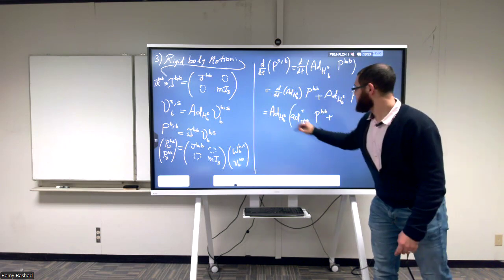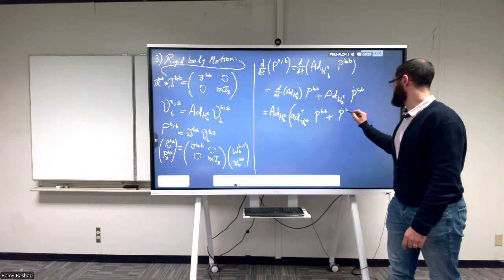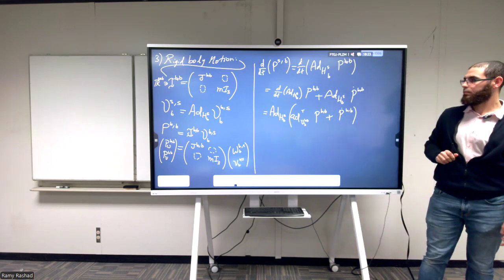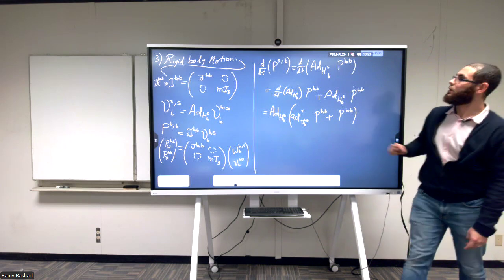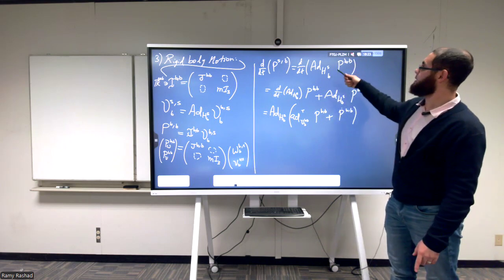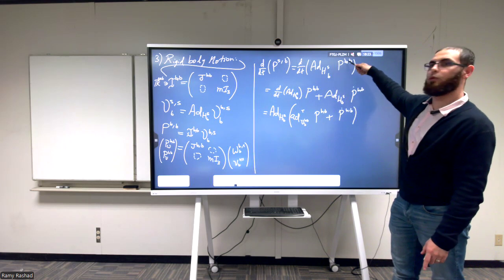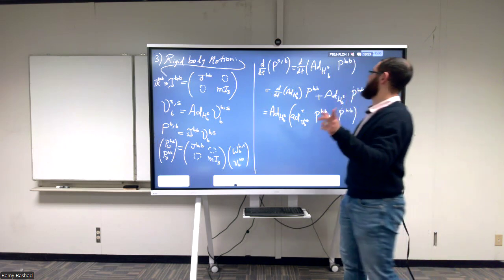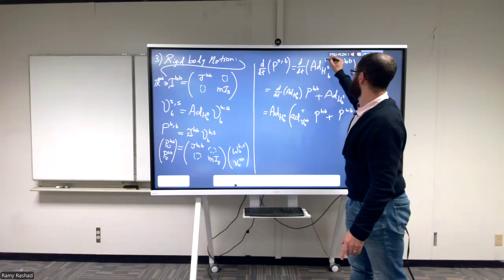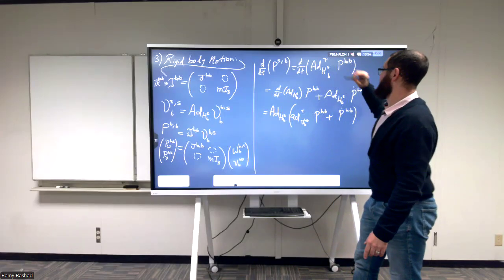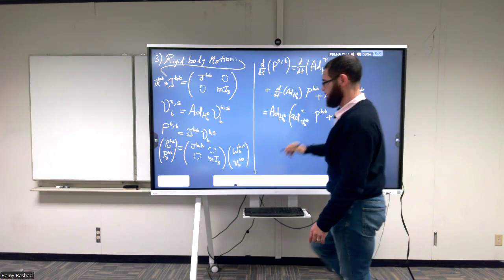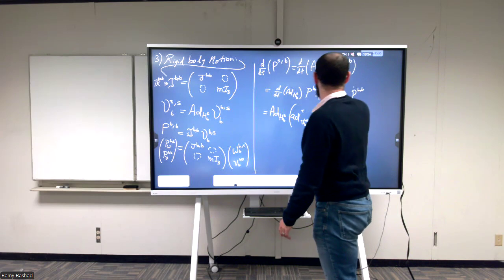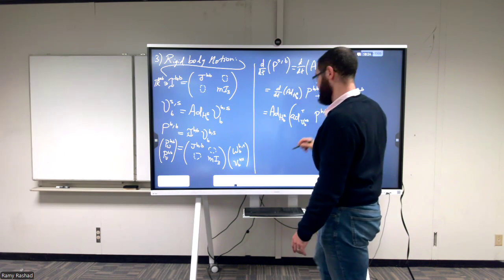Plus, we have P dot B. This one, B S. No, this is correct because this is the generalized momentum in the B frame. Absolutely. Very good point. Yes, absolutely. This should be transpose. And this should be S B. Yeah, thank you.